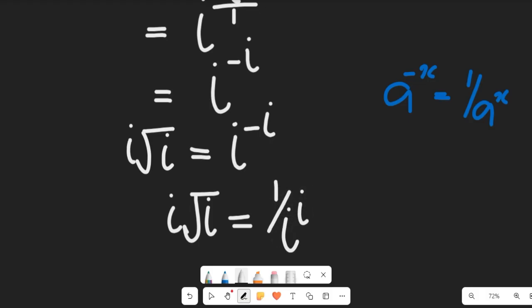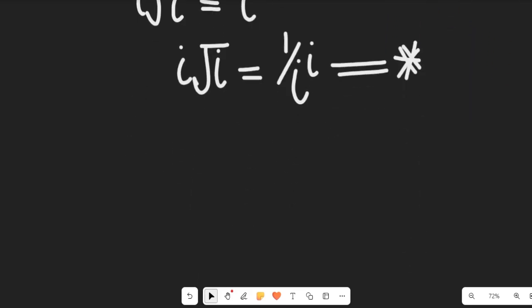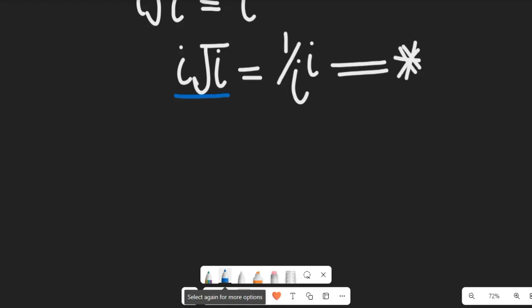But this is not the solution. Let's just asterisk this as one important expression we have gotten. So if I get the value of this, I've already gotten the value of this. Now, this is not the solution. As I said, we need to find the value of the ith root of i.